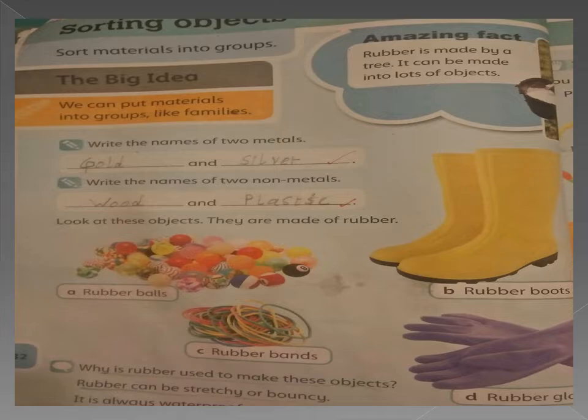They are unbreakable, but the non-metals are not that strong. And what are non-metals? Non-metals are rubber, plastic, wood, fabric is a non-metal.